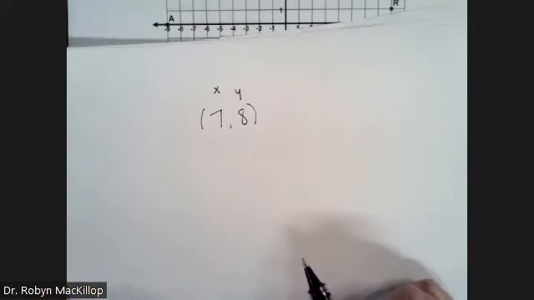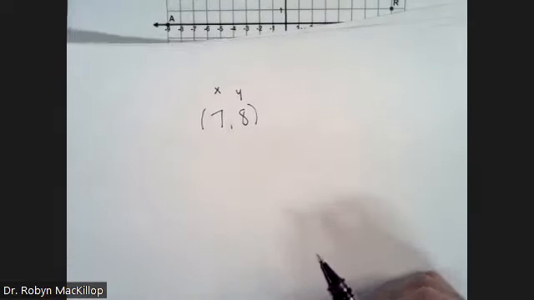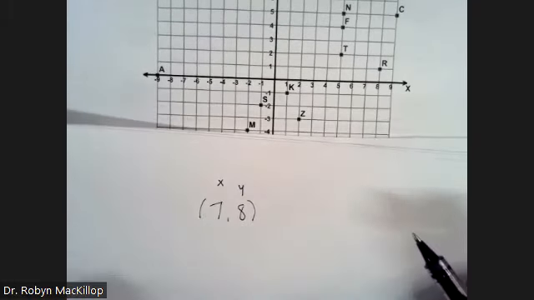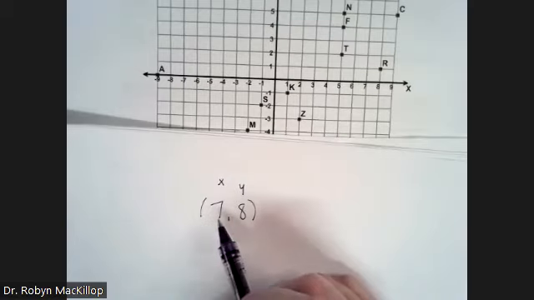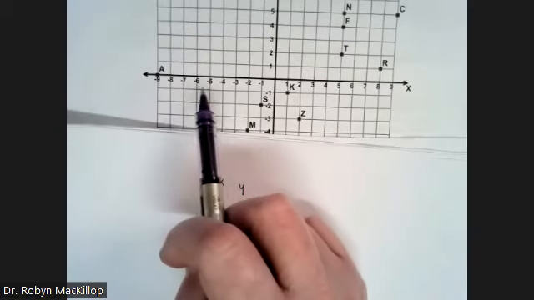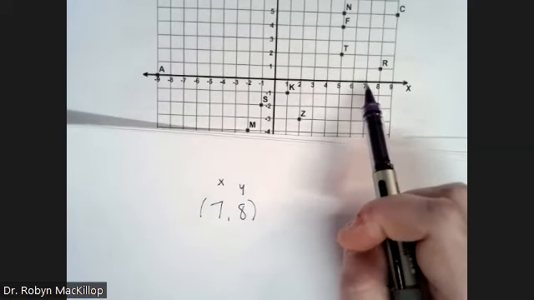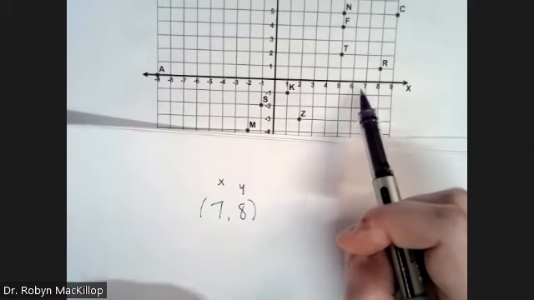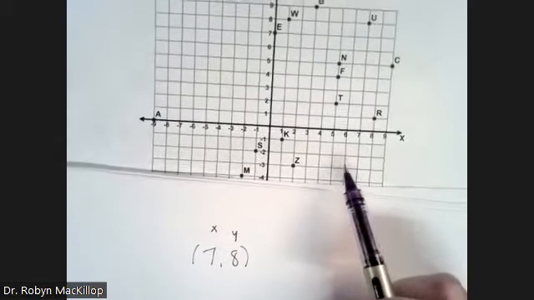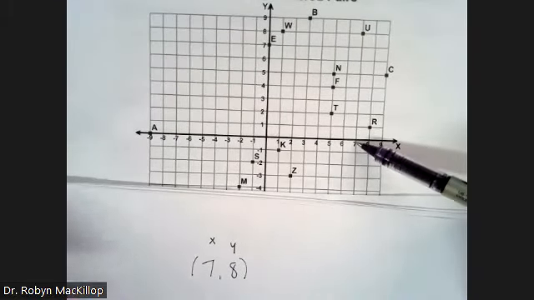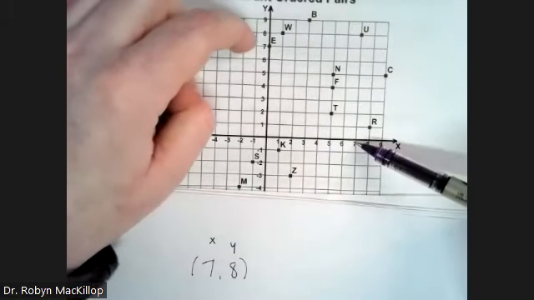That will not change. And what that means, we bring our graph down, we're going to find this number on this line. So find your 7. There it is. Then you're going to find 8 on the y. So here's 7 on the x, 8 on the y.